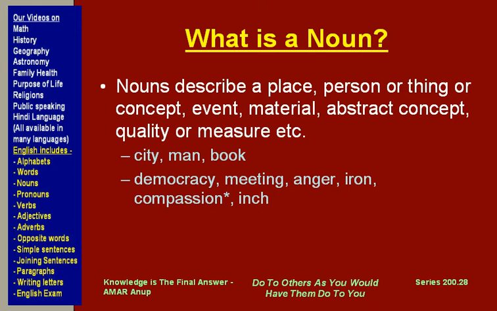So democracy is a concept, meeting is an event, iron is a material, anger and compassion are abstract concepts, inch is a measure. So there are many more words in noun than simply place, person or thing.